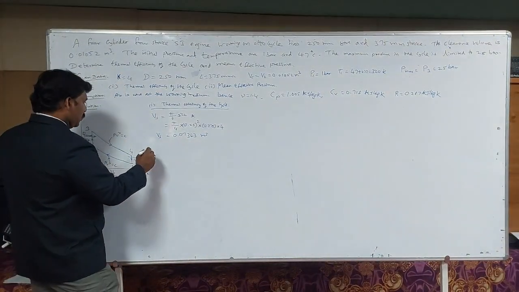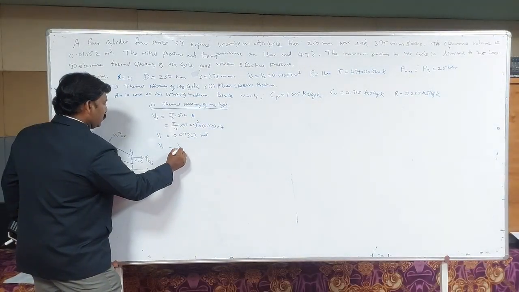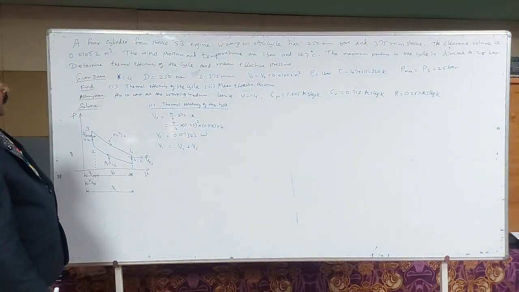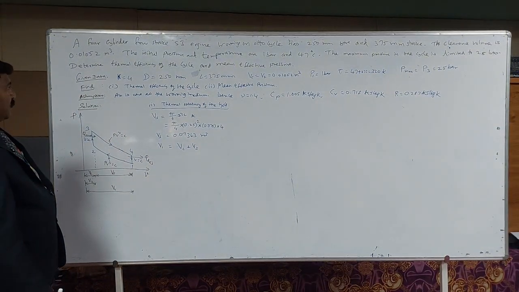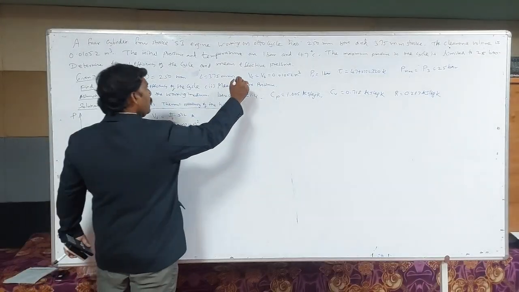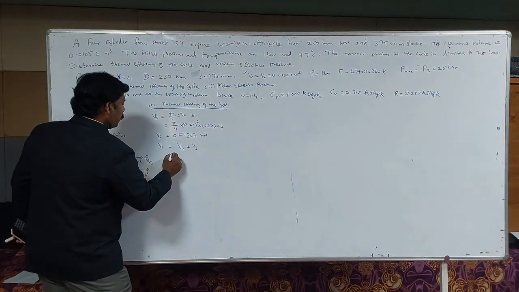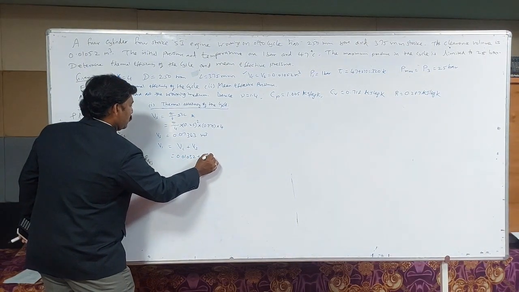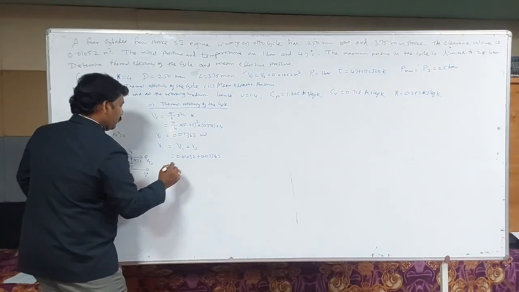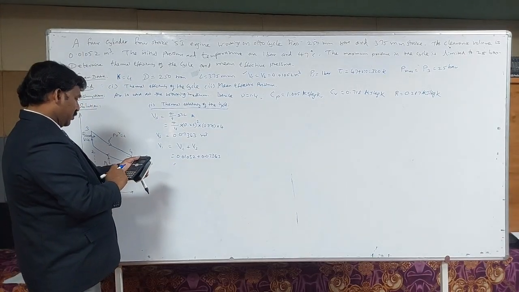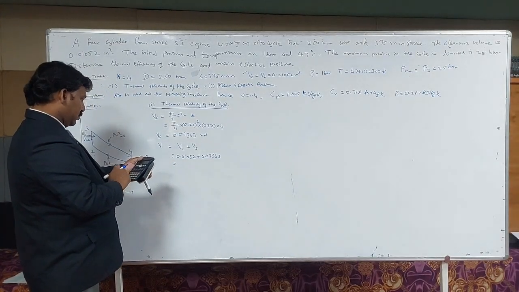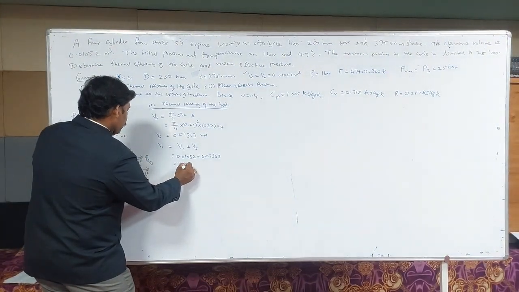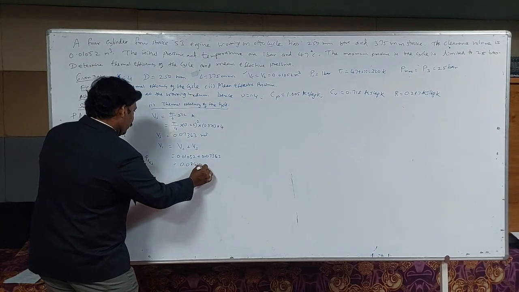Now we have to find V1. V1 is equal to Vc plus Vs. We know Vc, which is equivalent to V2, therefore 0.01052 plus 0.07363, you will get 0.08415 meter cube.